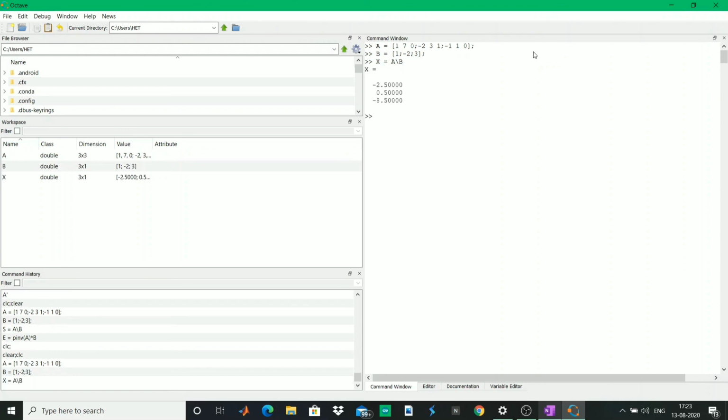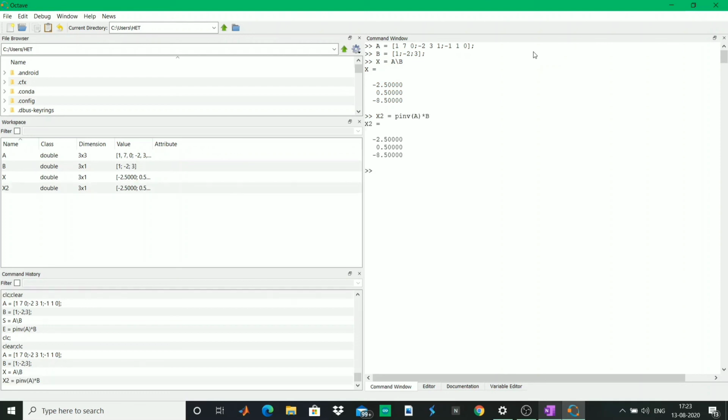You would see that A left-hand division B gives minus 2.5, 0.5 and minus 8.5 as a matrix of dimension 3 by 1. You can also calculate the division as I showed using PINV, so you have PINV of A into B, and you'll get the same results. So this is about matrix division.